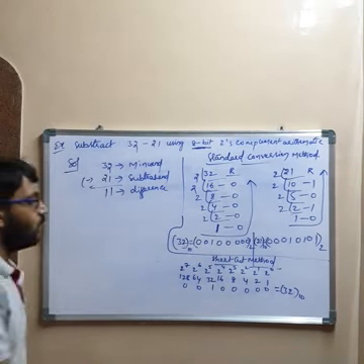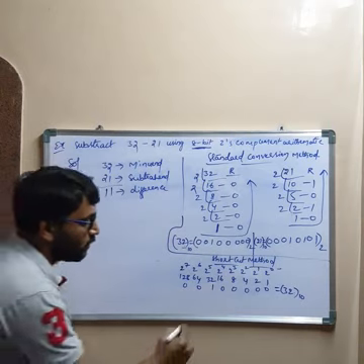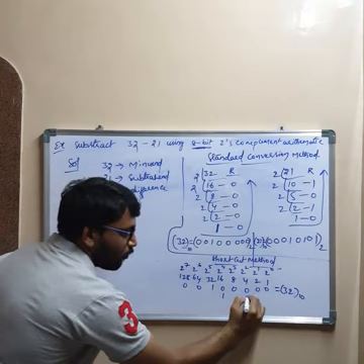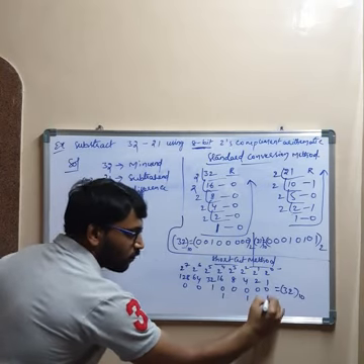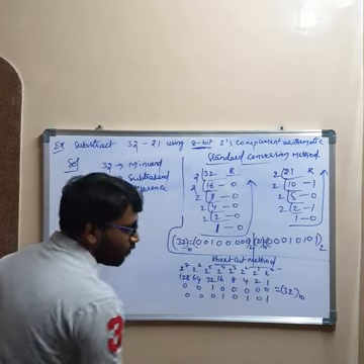And if you take 21, 21 can be obtained by adding 16 plus 4, 20, 20 plus 1, 21. In the remaining bit positions you can place zeros.